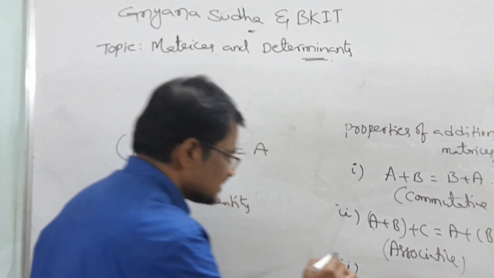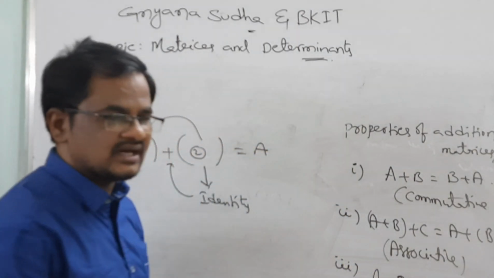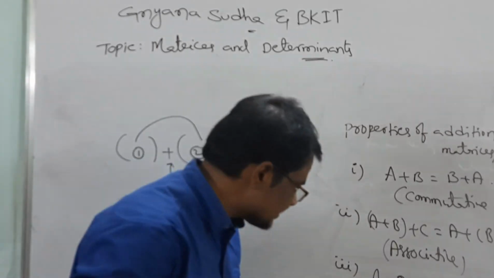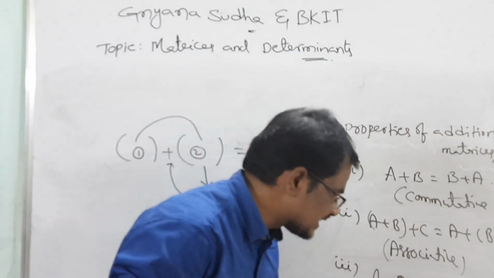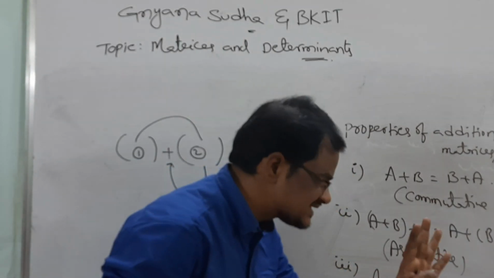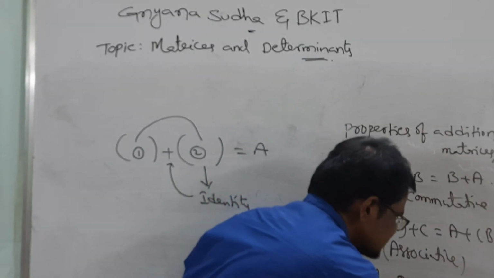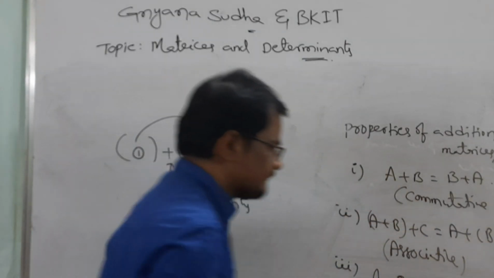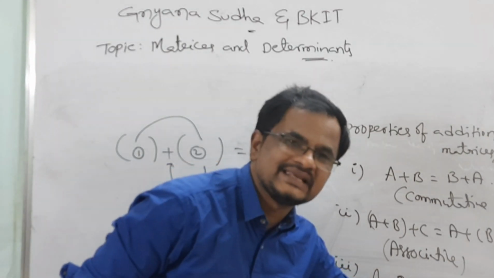Which one is like this? A plus 0 matrix or null matrix. For a matrix A of order m by n, this null matrix should also have the same order as A. That is, 0 plus A equals A, and A plus 0 equals A only.